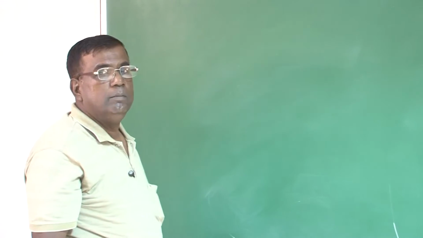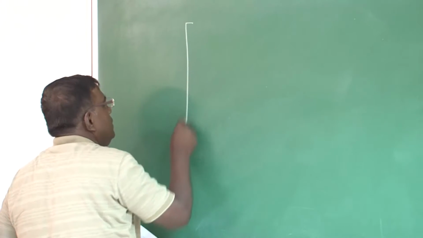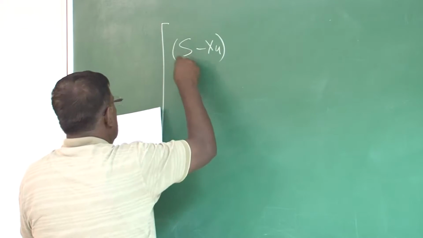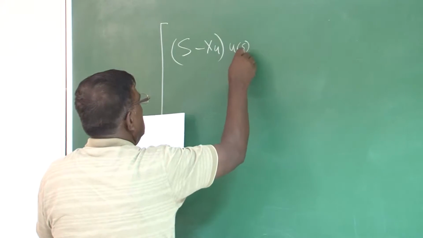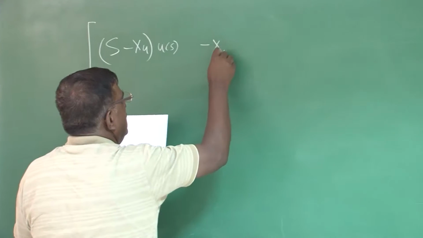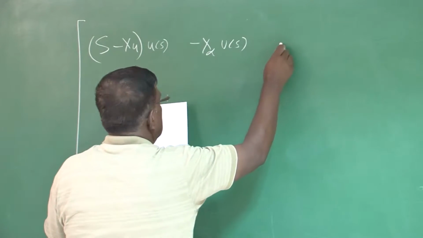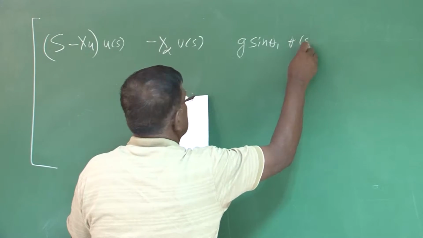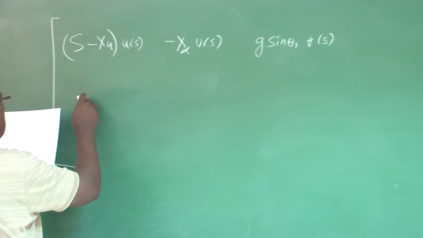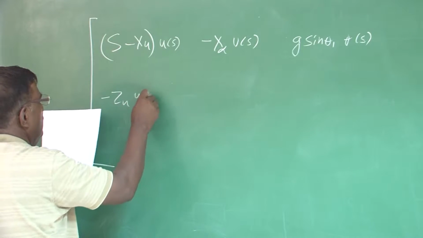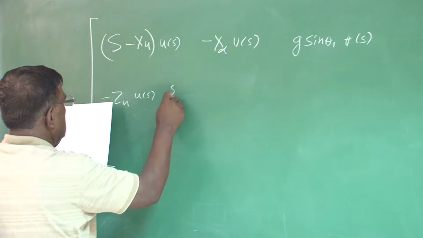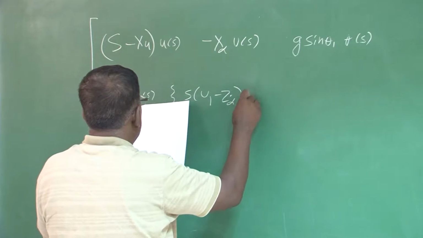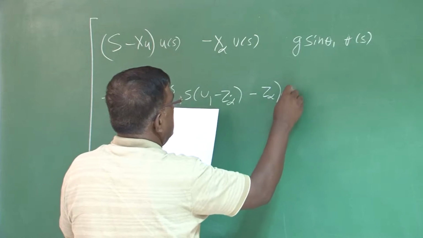When you try to find out the mode shape, we again go back to this equation, that matrix, remember? s minus xu into u of s. We have developed this minus x alpha alpha of s, then g sine theta 1 theta of s, then here it is minus zu u of s, then it's a huge term s u1 minus z alpha dot minus z alpha into alpha of s.